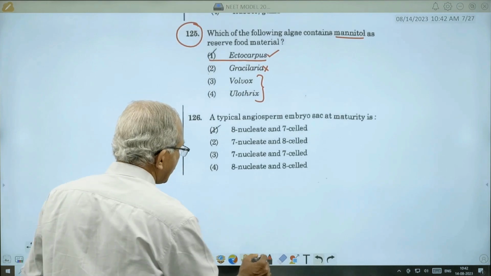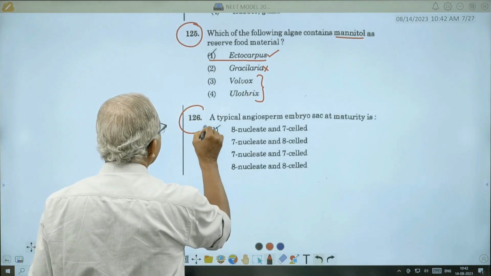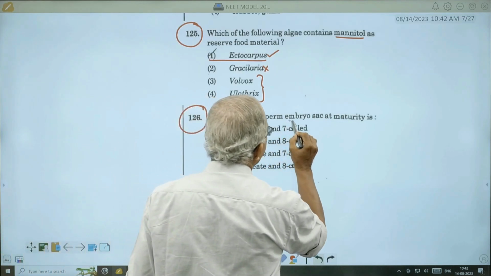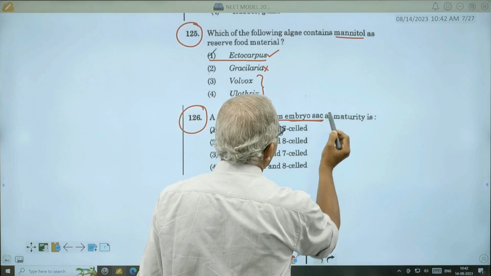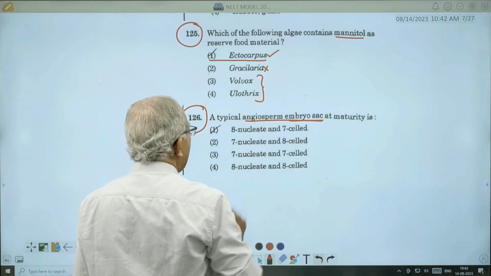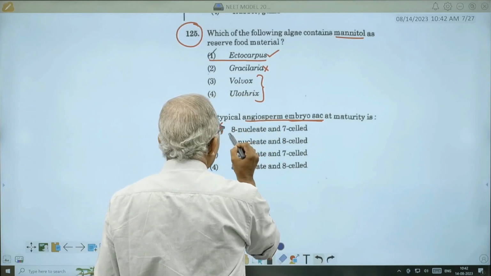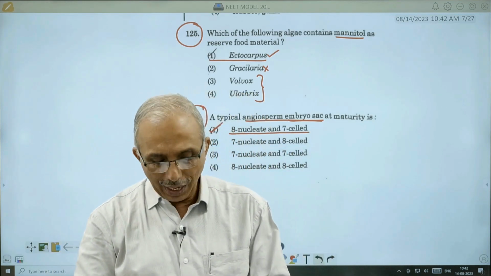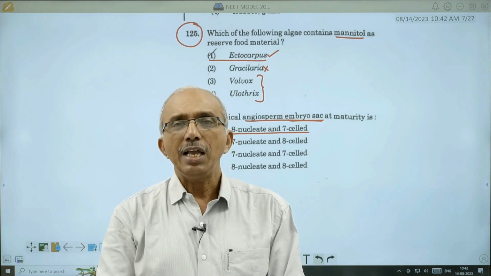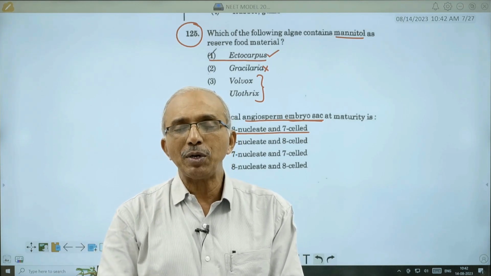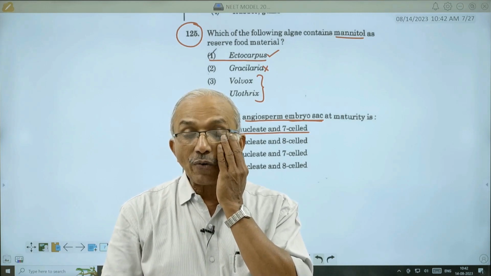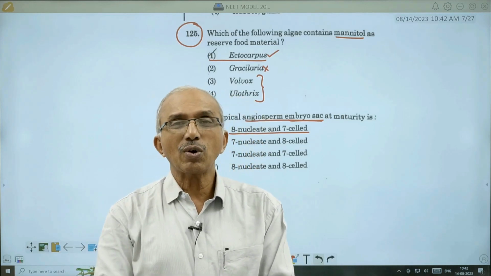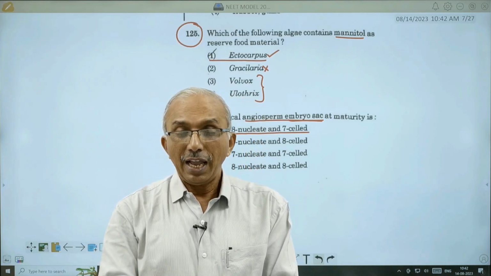Next is question number 106. Typical angiosperm embryo sac at maturity is an 8-nucleate, 7-celled structure. The female gametophyte of angiosperm is also called embryo sac.